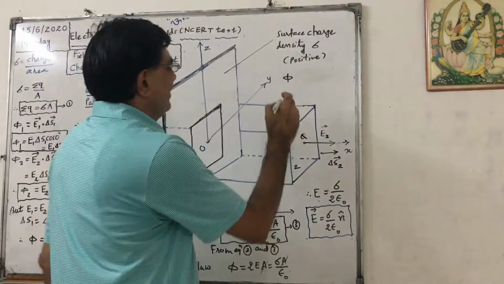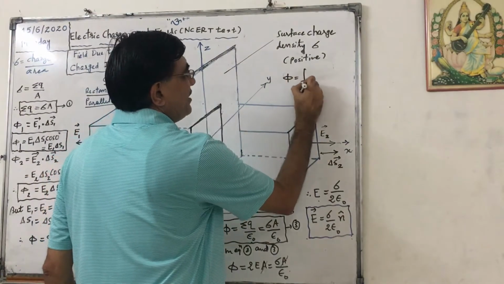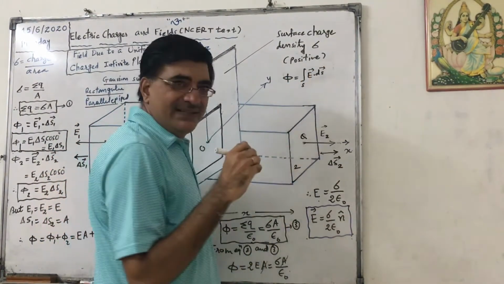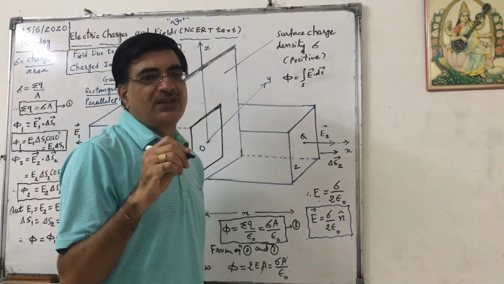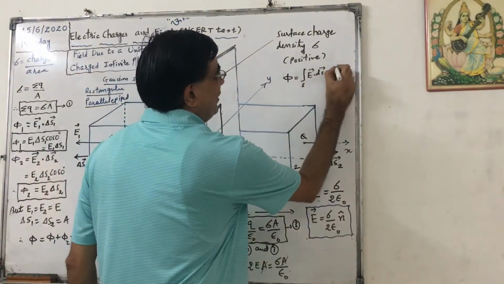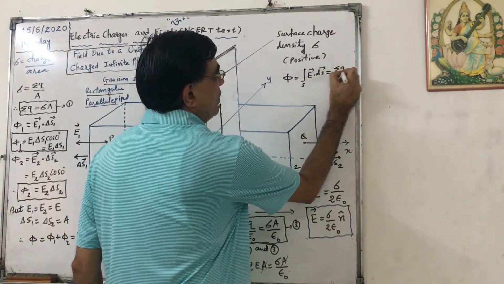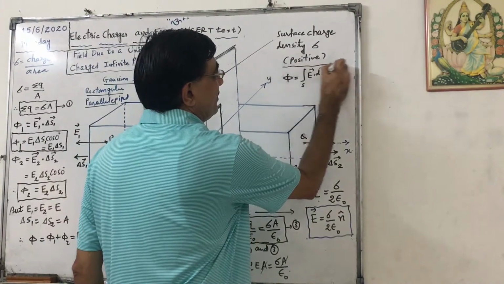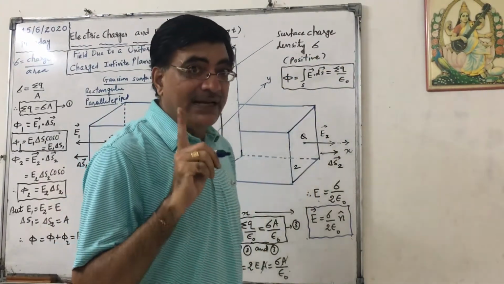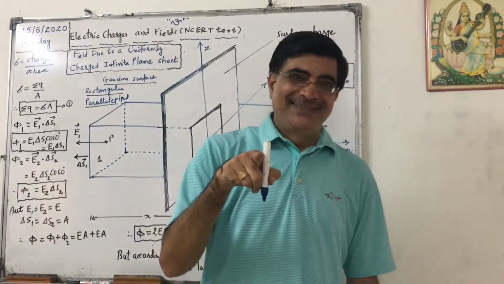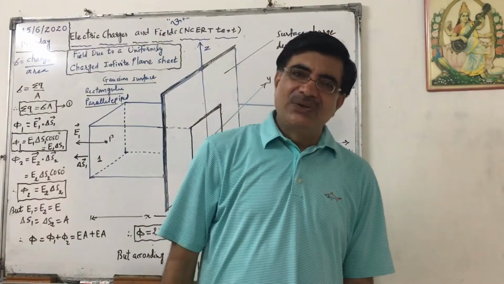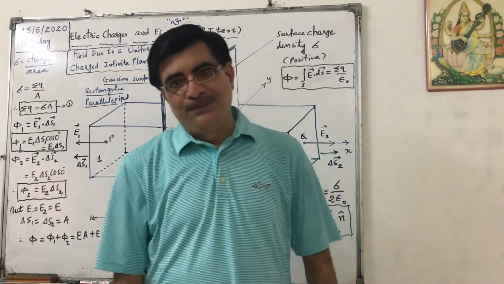Flux equals the surface integration on a closed surface, and that closed surface is called the Gaussian surface. It is equal to sigma q upon epsilon naught. Sigma q is the net charge enclosed, and net charge means the algebraic sum. So this was Gauss's law.